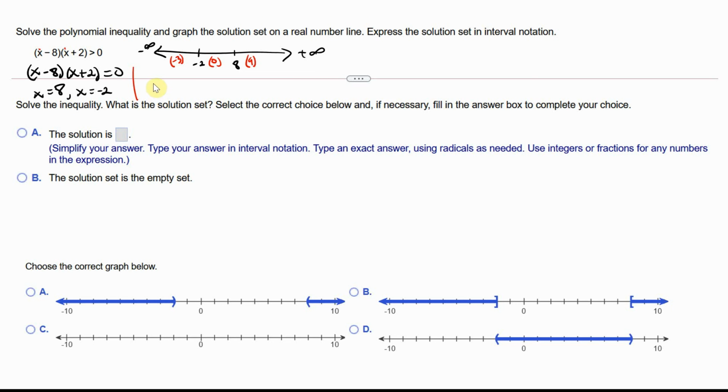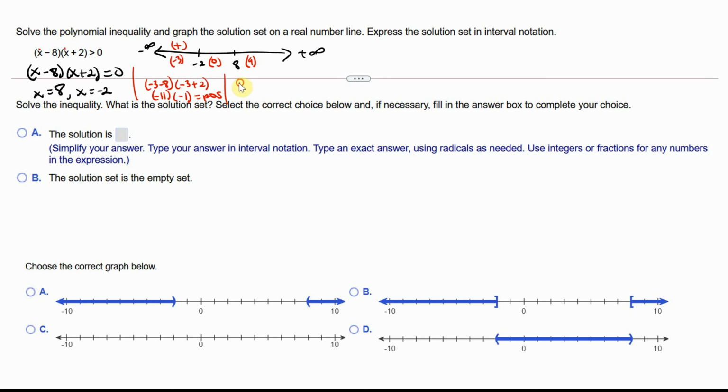So plug in -3, I get -3 minus 8 times -3 plus 2. Really it's going to be negative times negative, so it's positive. So this is -11 times -1. Again, all I want is the sign.